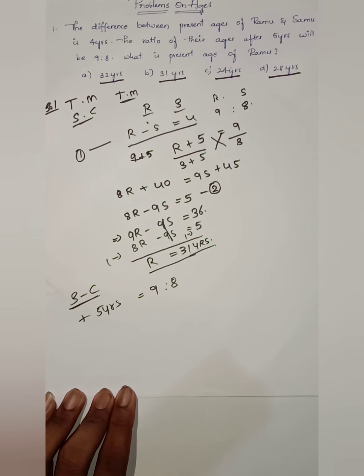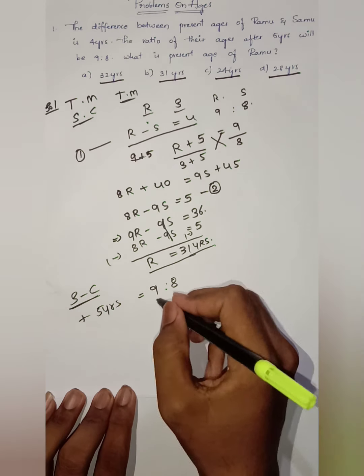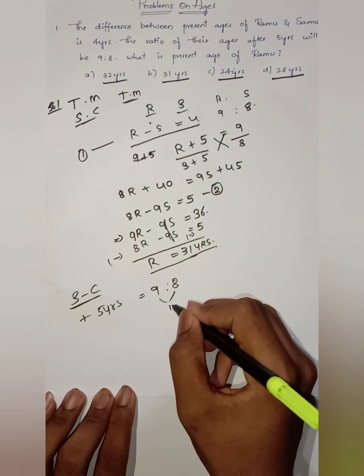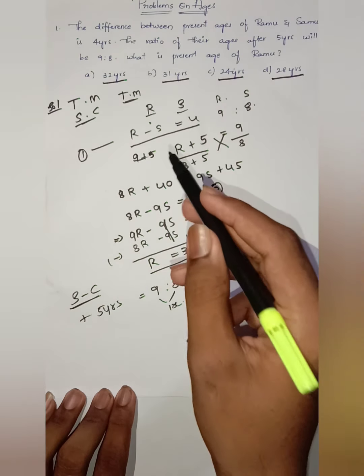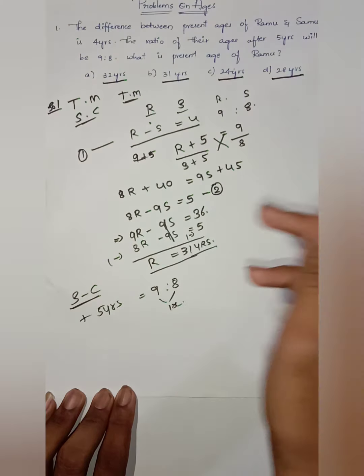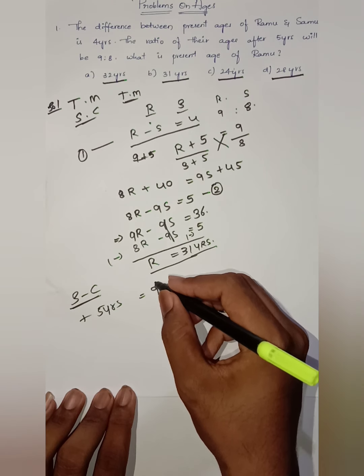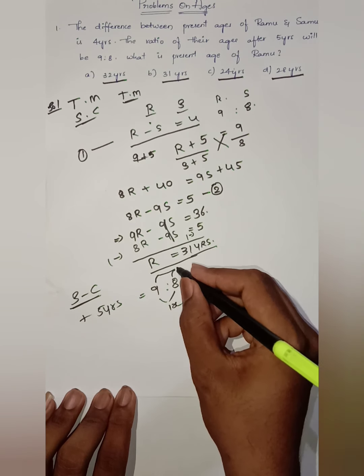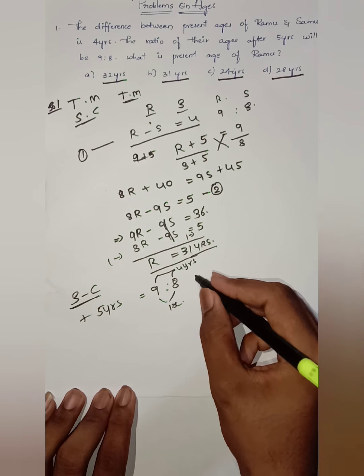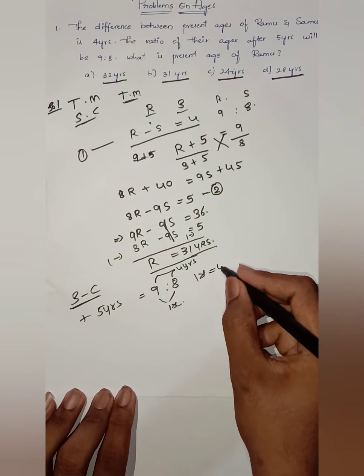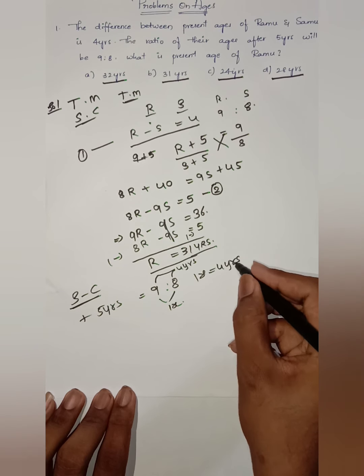That means you know that the difference between them is 1x, and in the question it is given that the difference between the present ages of Ramu and Somu is 4 years. So for 1x, it will be 4 years.